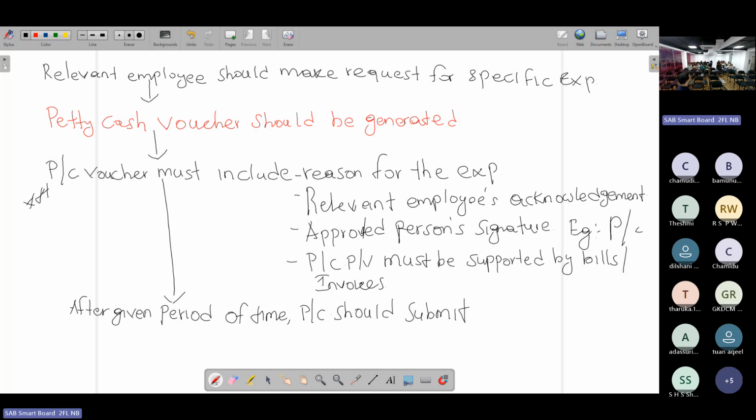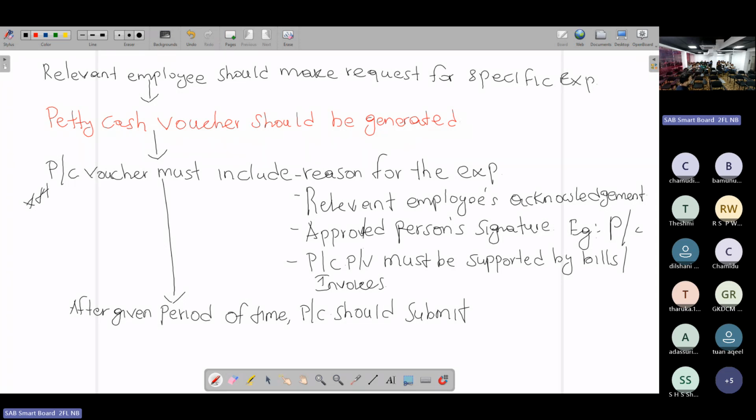Each and every company should have a company policy on the maximum amount they keep as petty cash. If it is a billion turnover company, they may keep even 200,000 as petty cash. This depends on the company. But in normal examples, we take 10,000 or 30,000 like that.